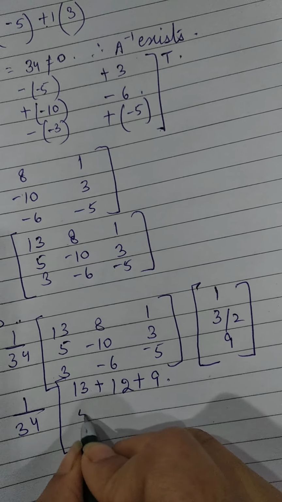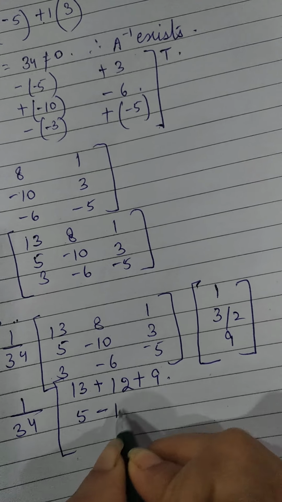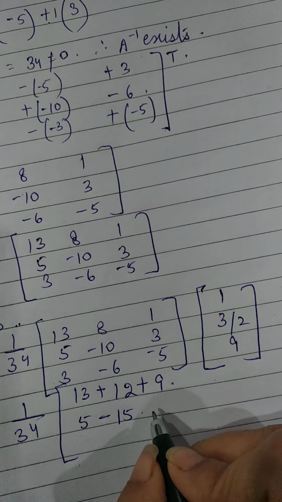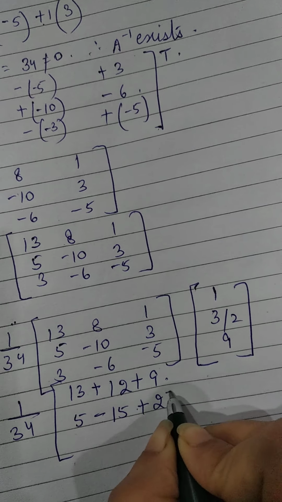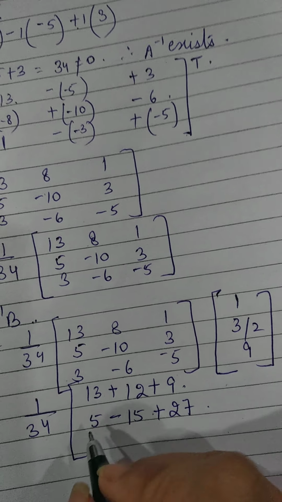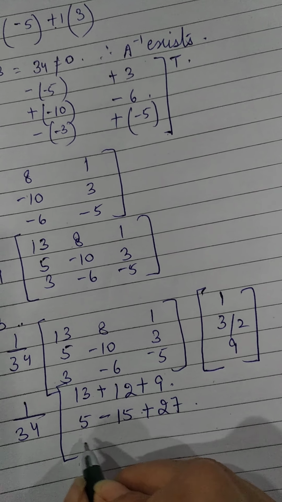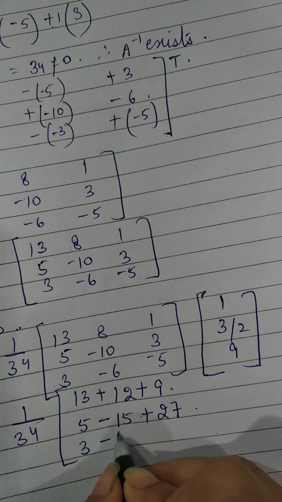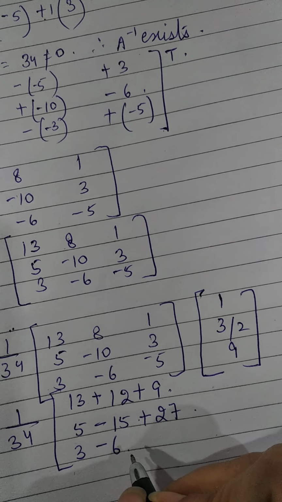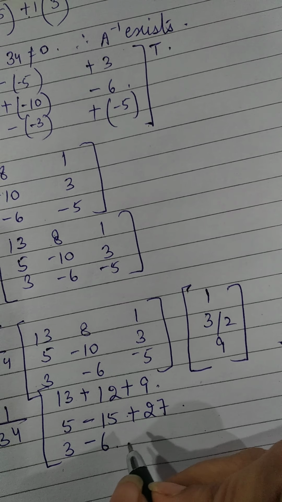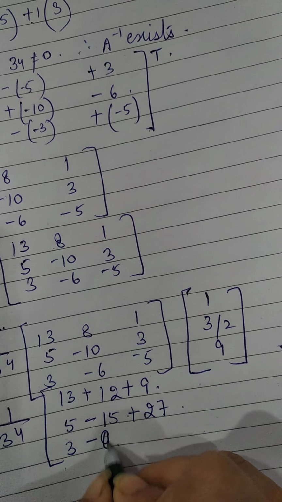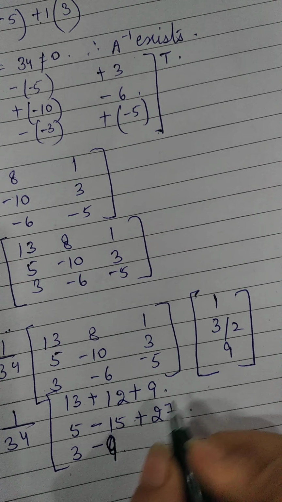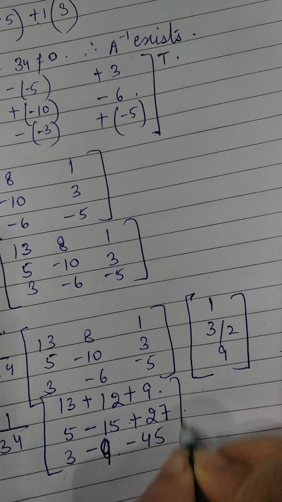Likewise, this is 5 minus 15 plus 27. And this is 3 minus 6 minus 9, and that's minus 45.